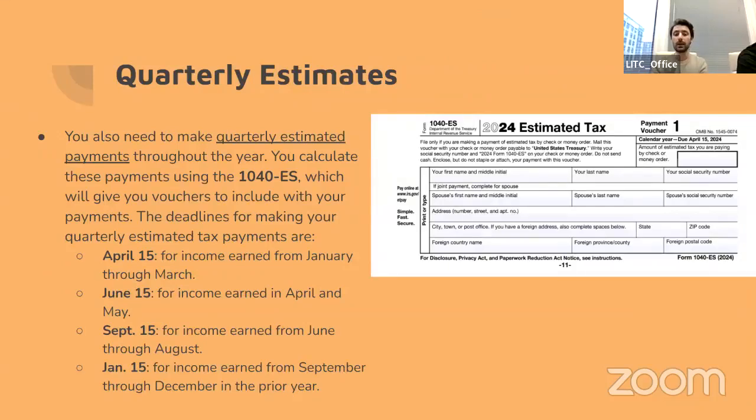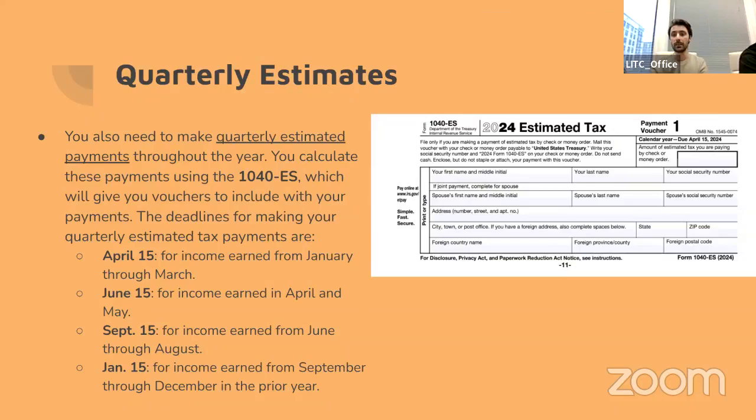How you go about submitting your taxes is a little bit more complicated than a W-2 employee. Quarterly estimates are somewhat the norm for a 1099 worker. We'll have details on who needs to submit these, but they are a way of anticipating and getting ahead of your tax burden at the end of the year.